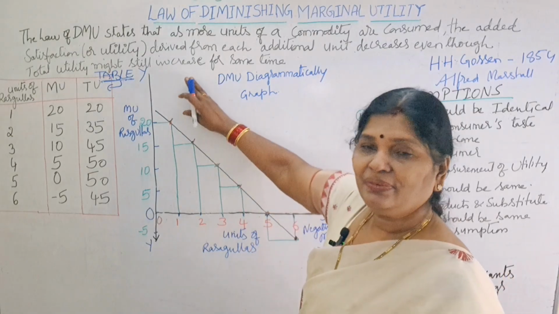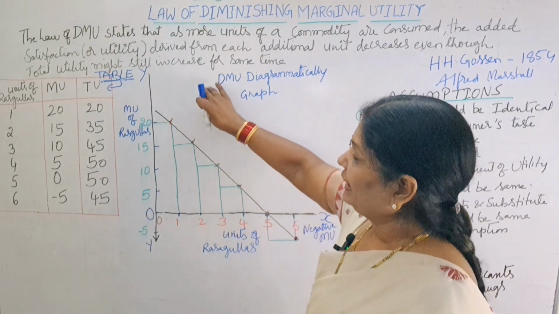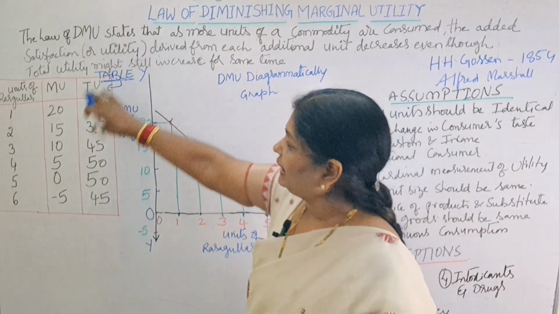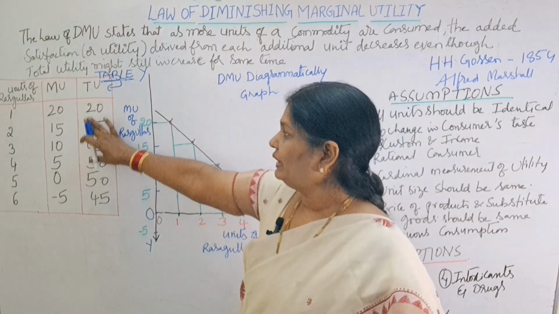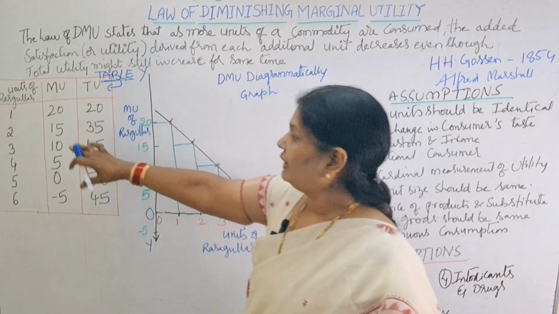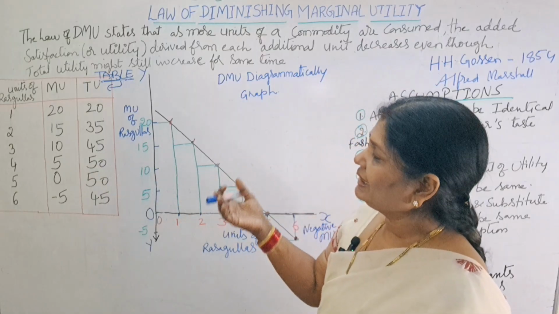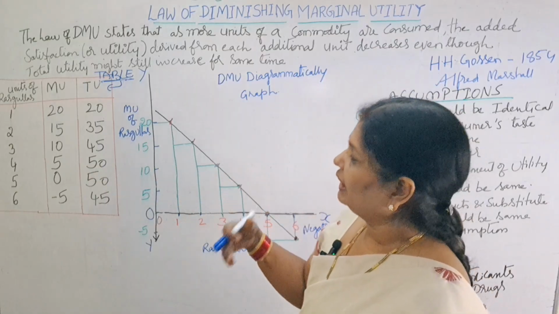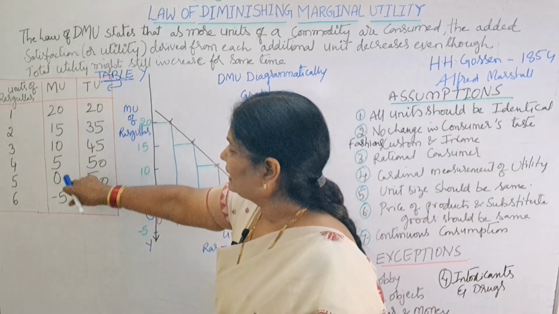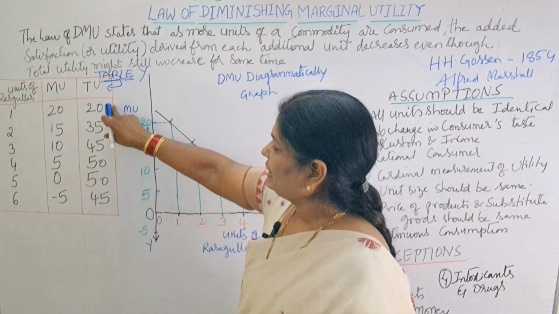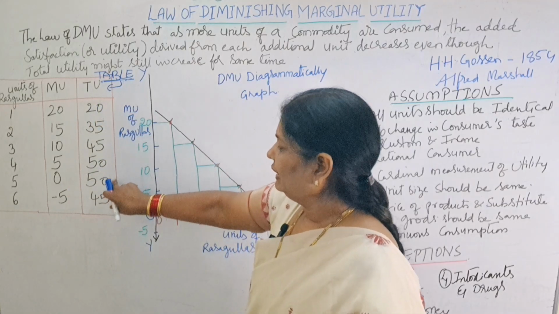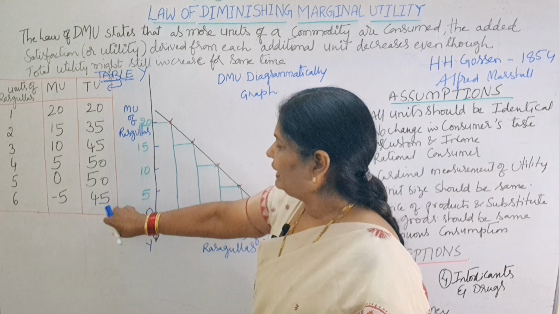That's the meaning of the law of diminishing marginality. And this we have explained using a table. In this table, what you have observed is that for every increase in consumption of rasgulla, the marginal utility is decreasing, but the total utility is increasing up to a certain level. Later, the total utility is also decreasing.